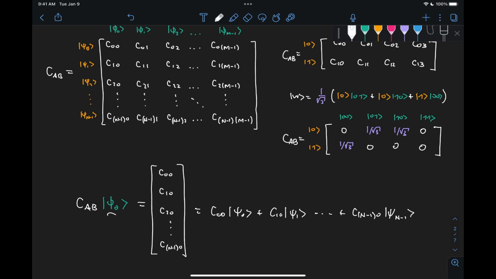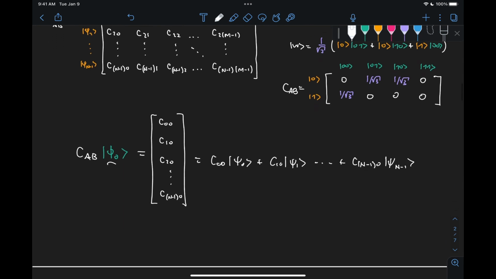So more generally, we could take this matrix and apply it to some arbitrary state in the space of subsystem B. Let's call it state vector B. And what this is going to give us is some linear combination of states in the space of subsystem A with coefficients associated with whatever this state B is composed of.